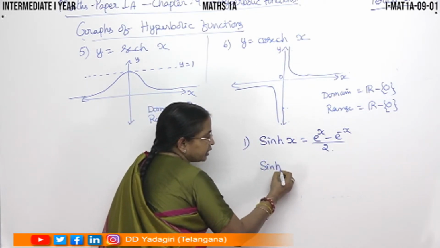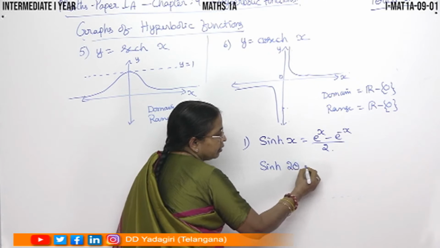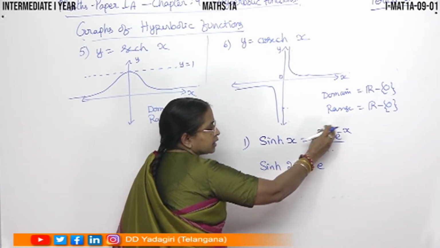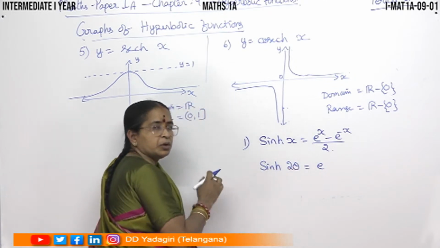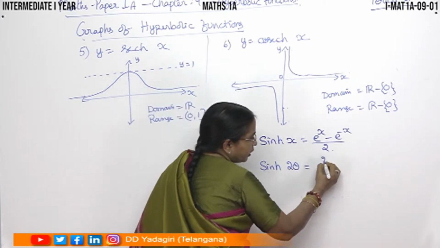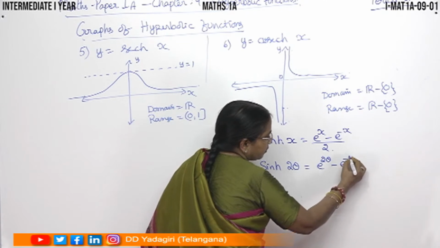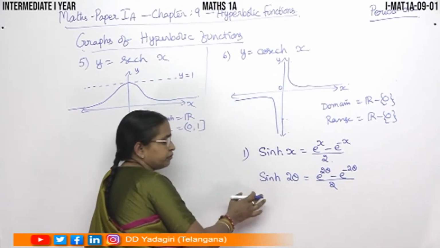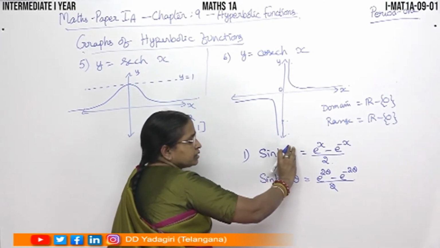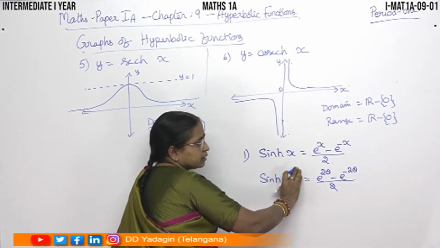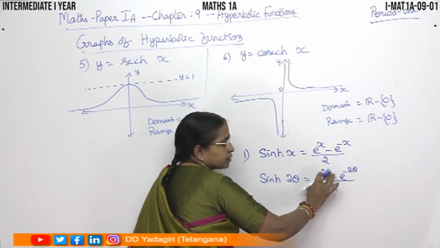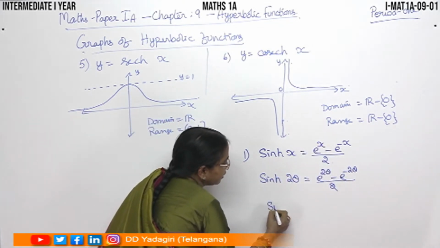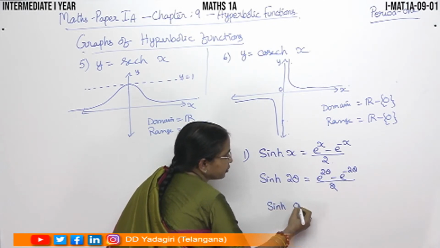Suppose I have to write sinh of 2 theta, then I should write e to the power 2 theta minus e power minus 2 theta, by 2. For all the functions, it is the same. In the place of x, if we have something else, you should write the same thing in the place of x in the formula.